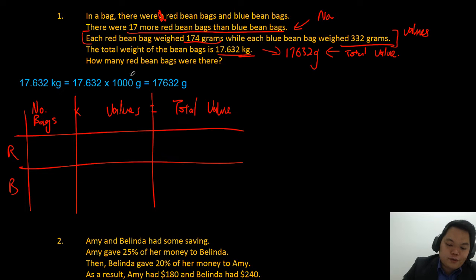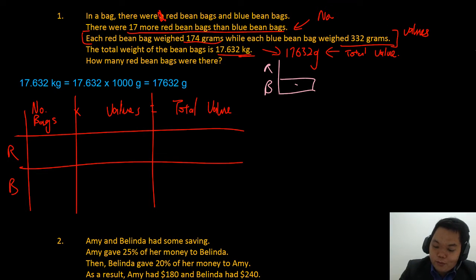Now you have 17 more red bean bags than blue bean bags. What does this mean? If you use one block to represent your number of blue bean bags, your number of red bean bags will be 17 more than whatever number this is.